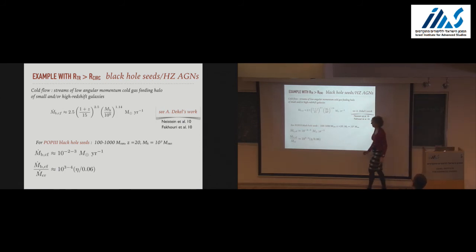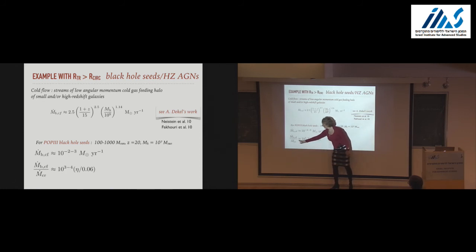Also, if we go at even higher redshift, maybe redshift 20, when we think the first stars were formed, the first population of stars, with masses up, I'm taking the upper limits, 100,000 solar masses, in a halo of 10^6, 10^7, then you have cold flow inflows, which are extremely high.